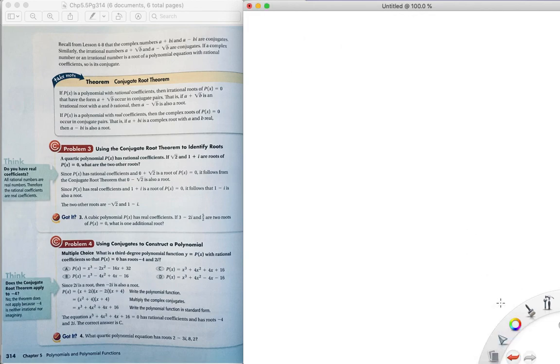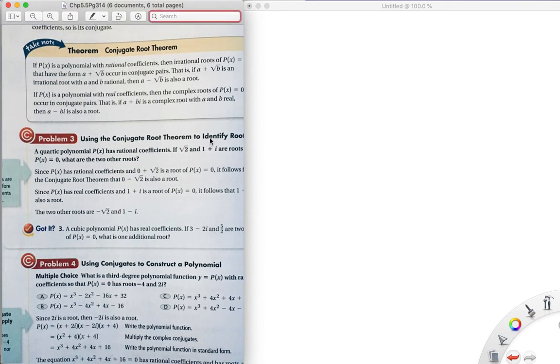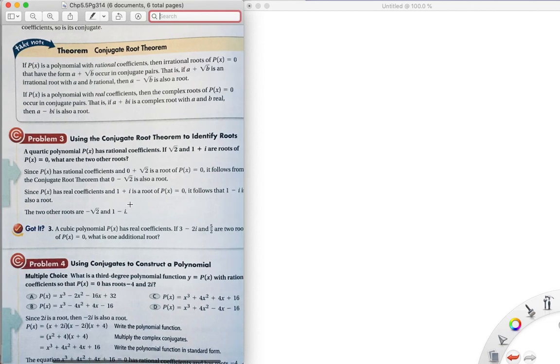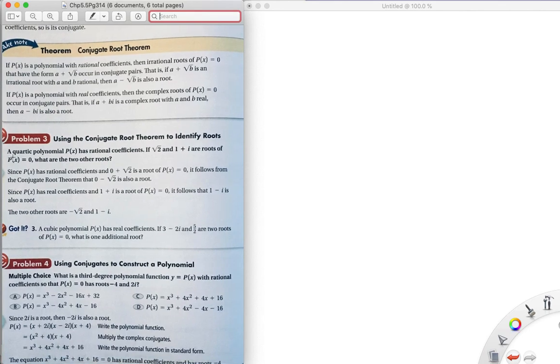Alright. They have a problem here where they say we have this equation and it has roots 1 plus i, 1 minus i, and then here we have square root of 2. So all these guys have conjugates, rational and irrational.